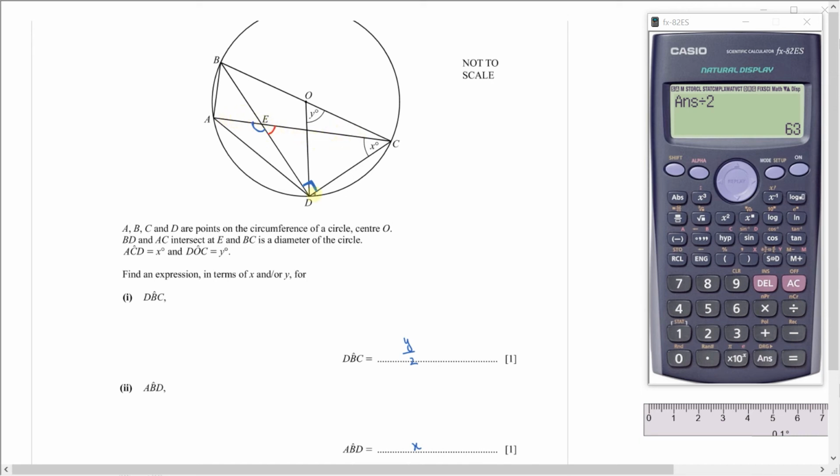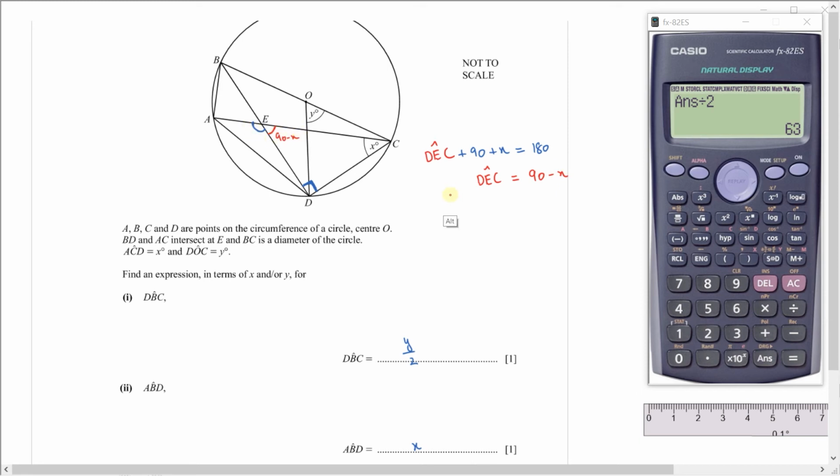So if I look at this triangle CDE, I know the two angles. So let's call this angle DEC. So angle DEC plus this angle 90 degrees plus this angle x should equal 180 degrees, because these three are angles of this triangle CDE. So this will give you angle DEC equals 180 minus 90, which is 90 minus x. So this angle here is 90 minus x.